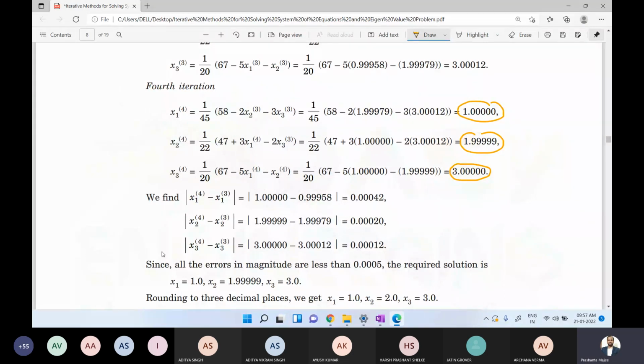So you already have obtained the solution only after fourth iteration of Gauss-Seidel method. Okay, so that is why Gauss-Seidel method is very powerful.